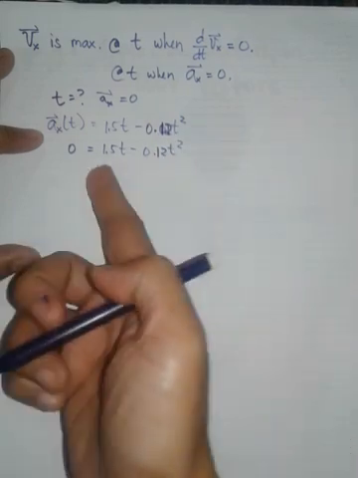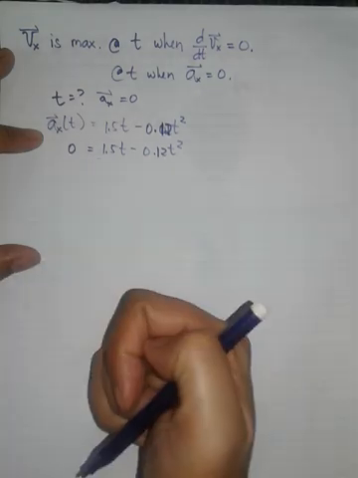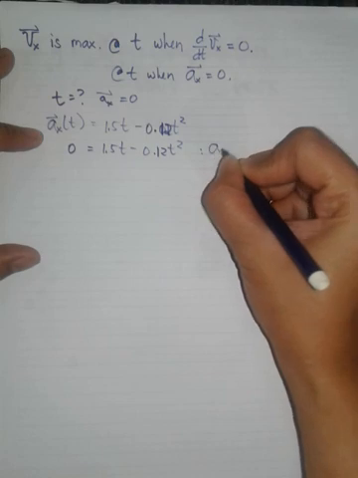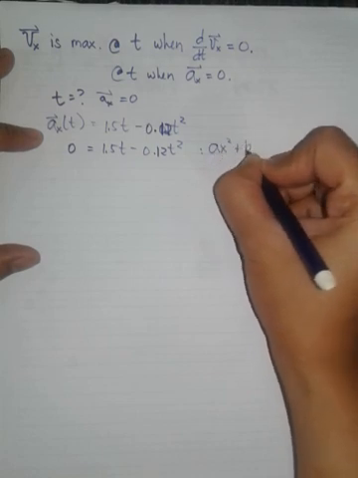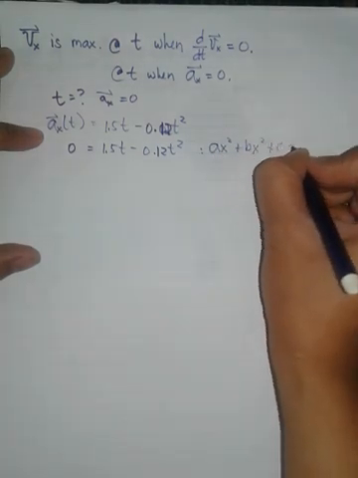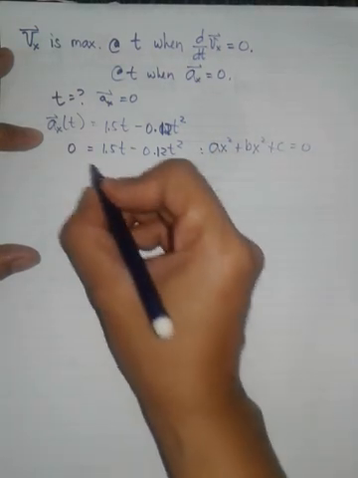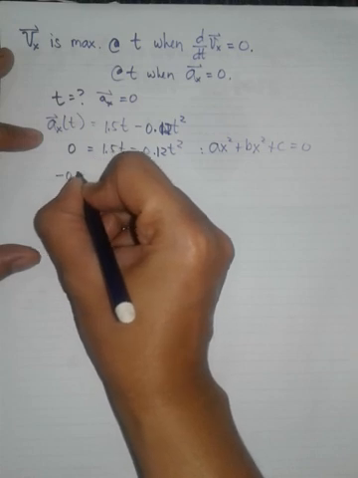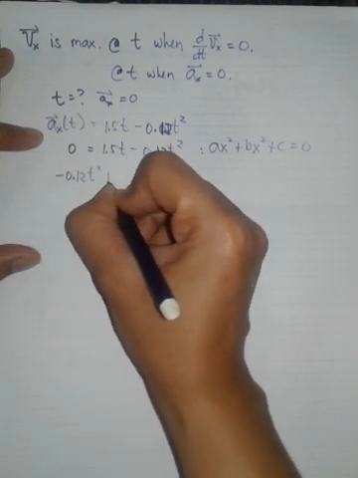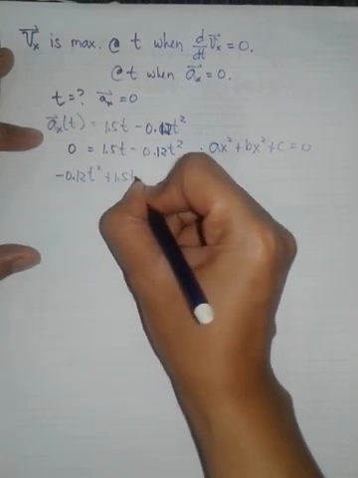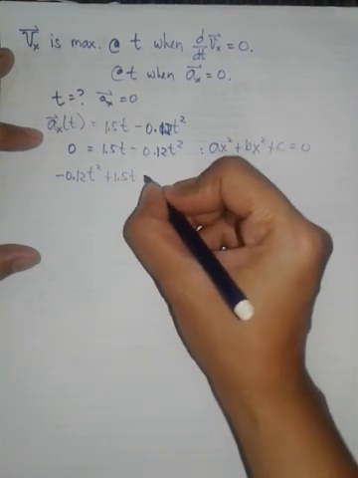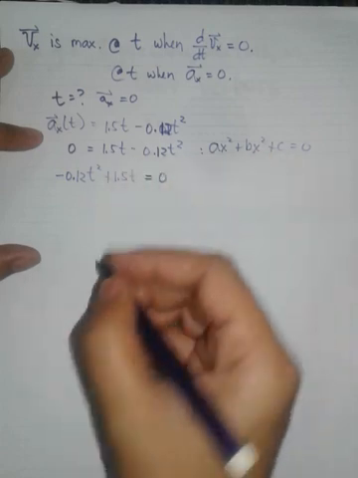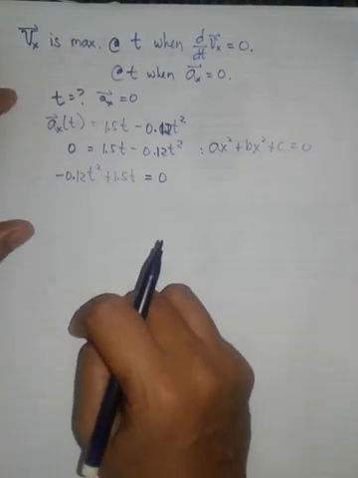And then, you notice it's already a very obvious quadratic equation. So, i-rewrite natin siya in this standard form. If you recall, ax squared plus bx plus c equals 0. Standard equation ng quadratic. So, this becomes negative 0.12 t squared plus 1.5t. Wala tayong constant na c, so 0 yan. Equals 0 sa kabila.